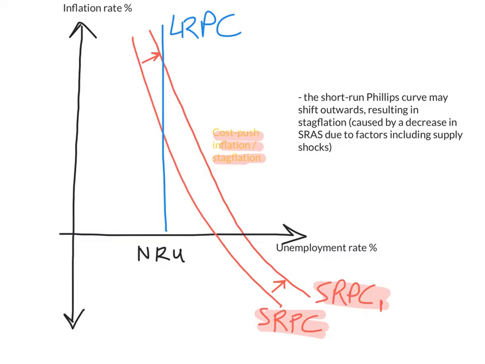The short-run Phillips curve may shift outwards, resulting in stagflation, caused by a decrease in short-run aggregate supply due to factors including supply shocks. So when the short-run aggregate supply curve shifts to the left, the short-run Phillips curve will shift to the right, which means there is a worsening of both the inflation rate and the unemployment rate, and there's a situation of stagflation.